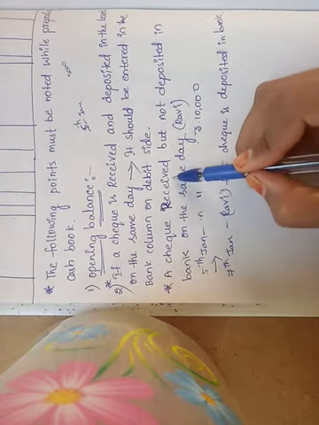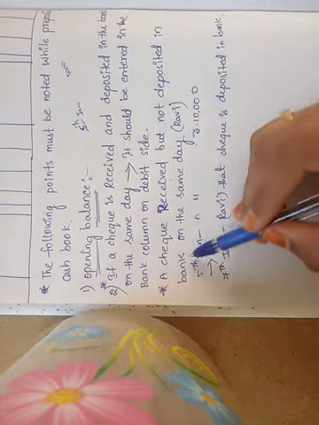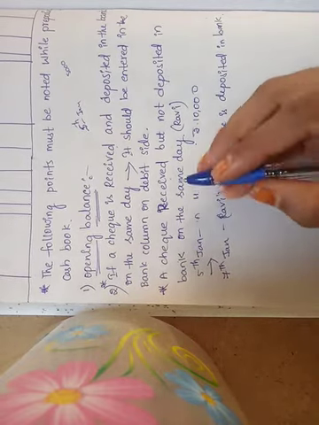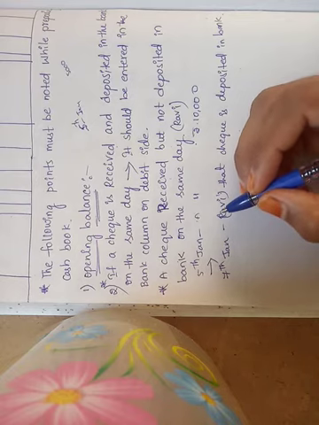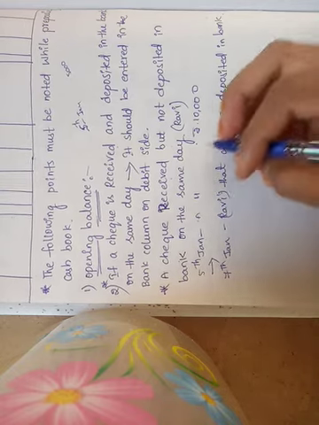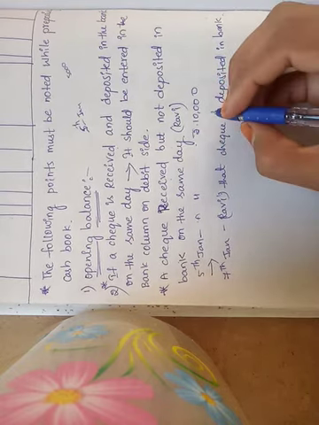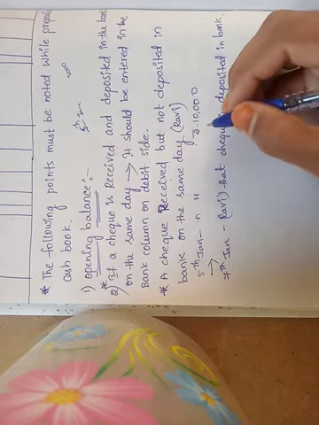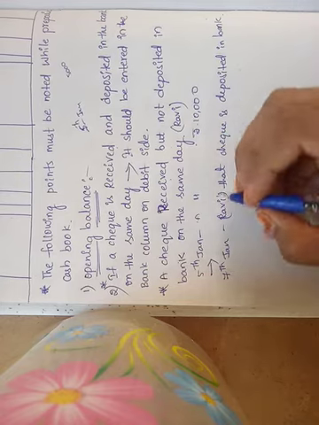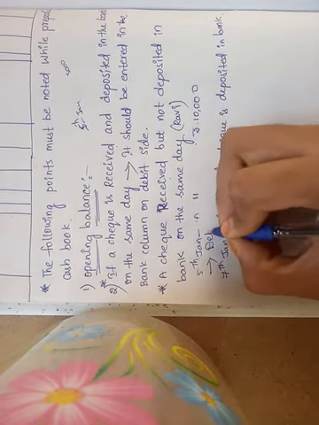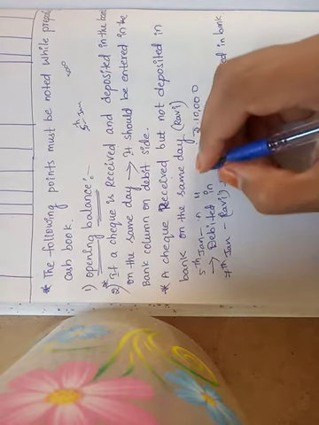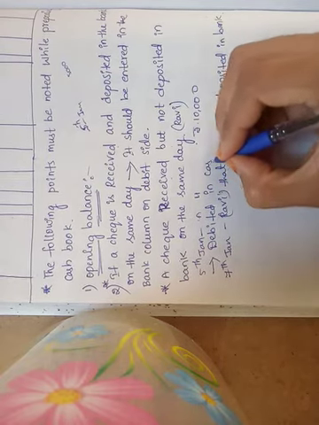Now see how to enter this. Suppose a check is received but not deposited in the bank on the same day. Then it is first debited in the cash column.